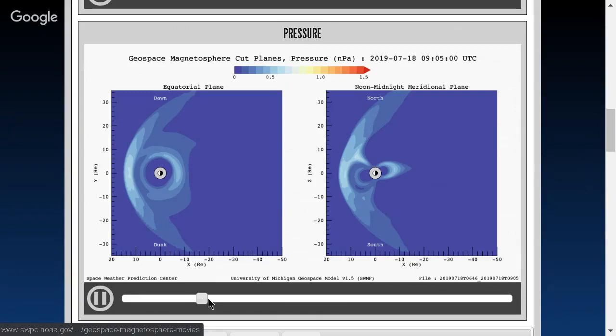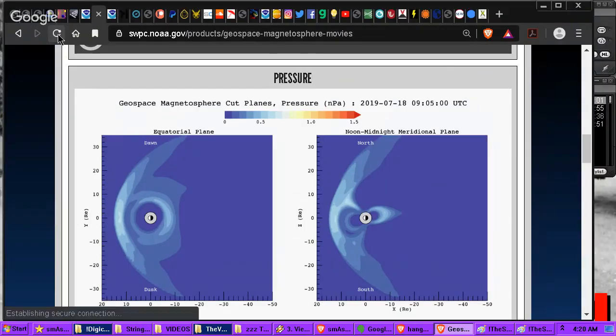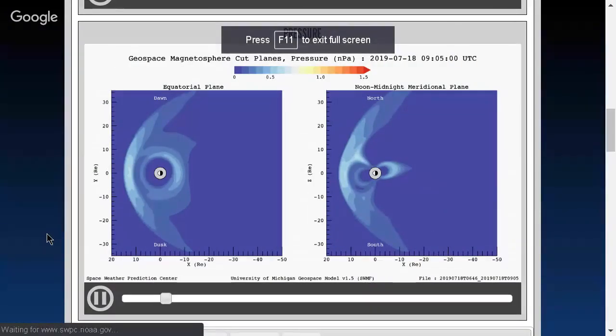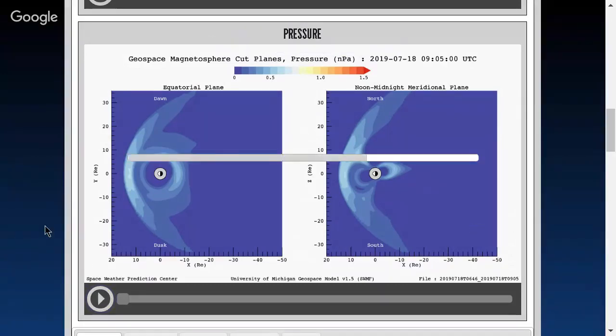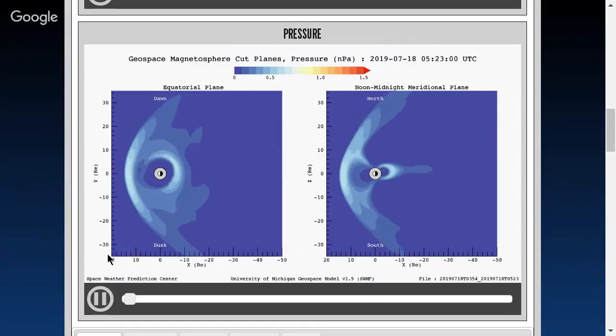Looks like it's showing us only one frame. Let's press refresh and see what happens. Could just be an error on the web page, but it looks like the pressure data is not there. Oh, there we go. Okay. It was just a glitch. There's the pressure. We'll let that play through.